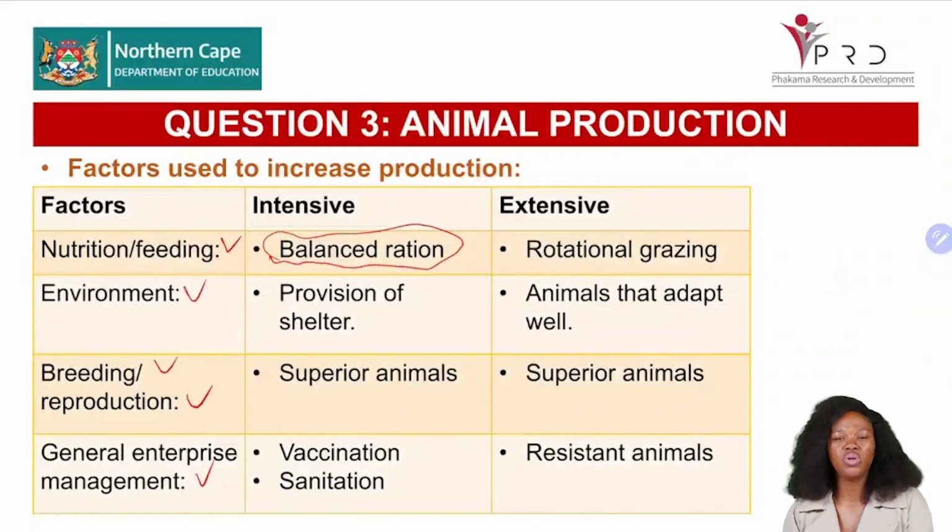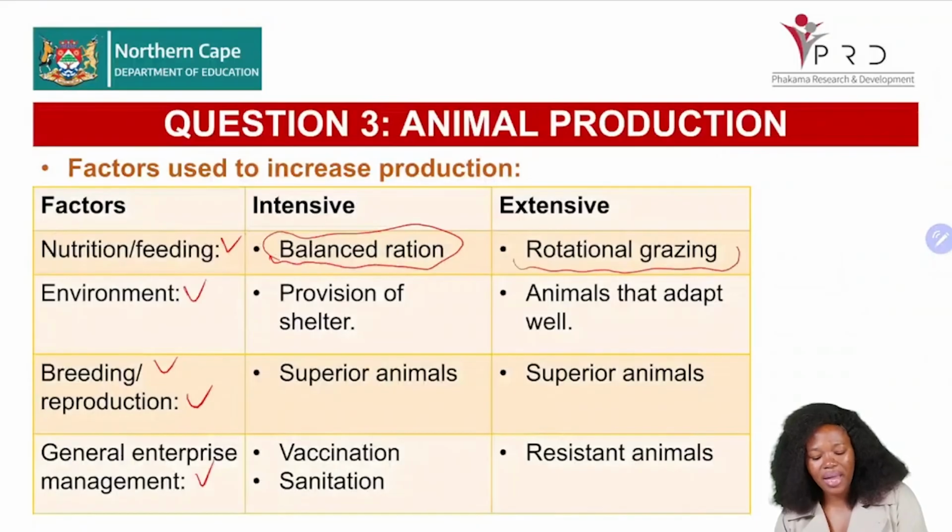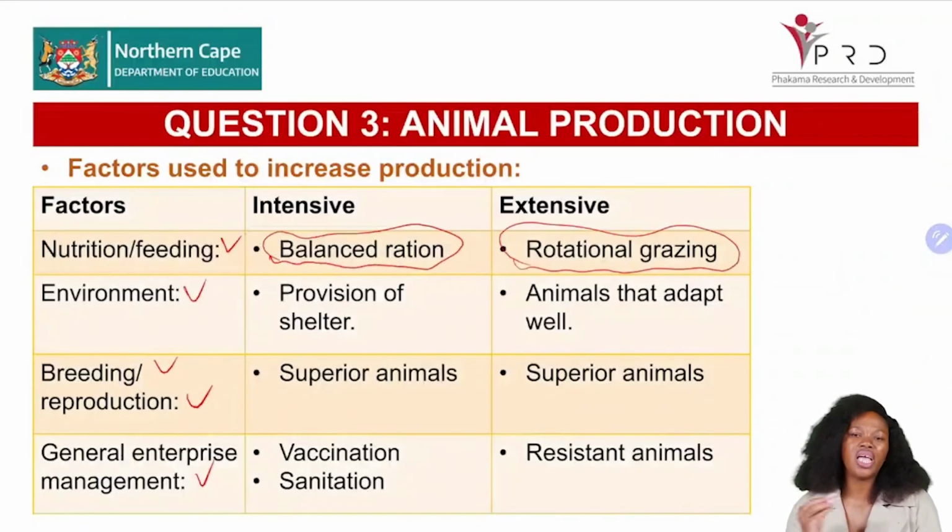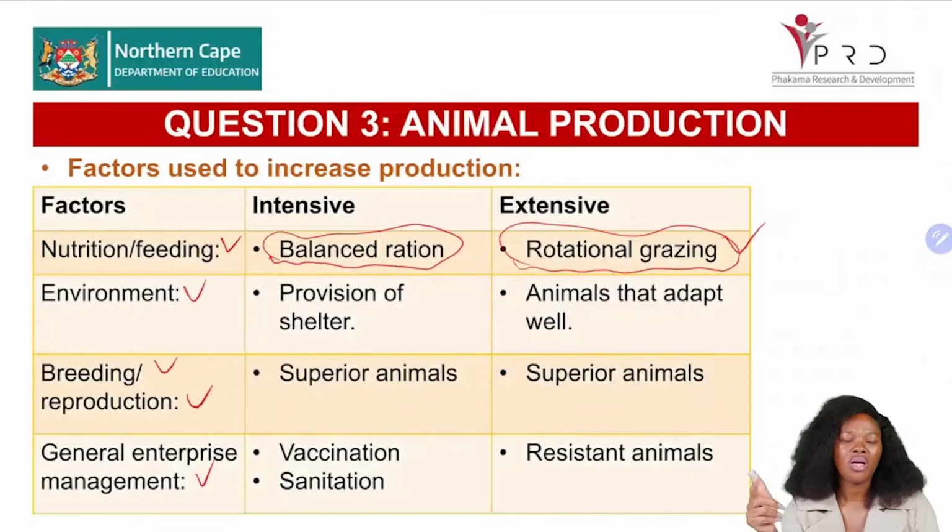Now let us move to the extensive production system. Remember, these farm animals graze on natural pastures. Now, to optimize or maximize production, we must apply what is known as rotational grazing to reduce or prevent overgrazing and to make sure that feed is available throughout the year for animals that are raised under extensive production system.